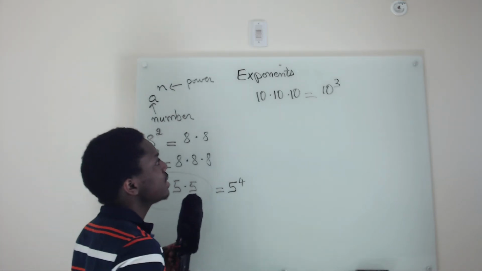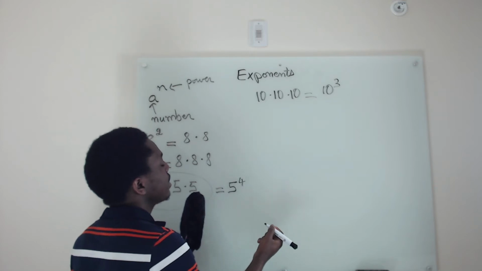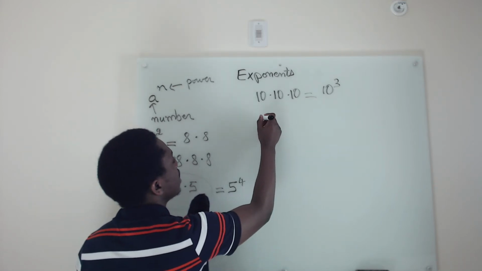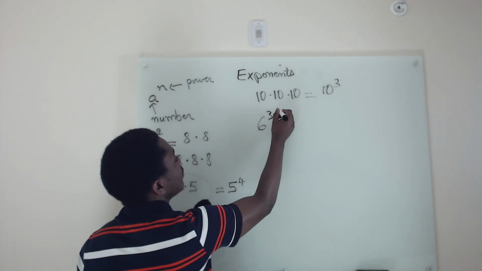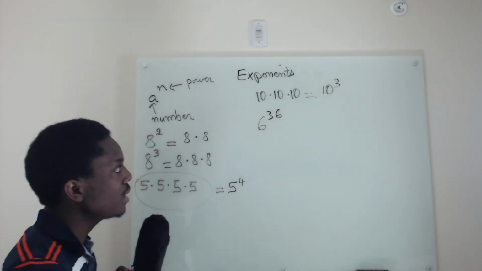But let's say you have, for example, 6 to the power of 36. Okay?